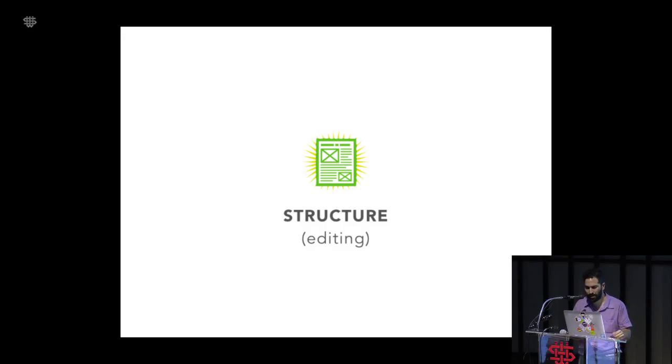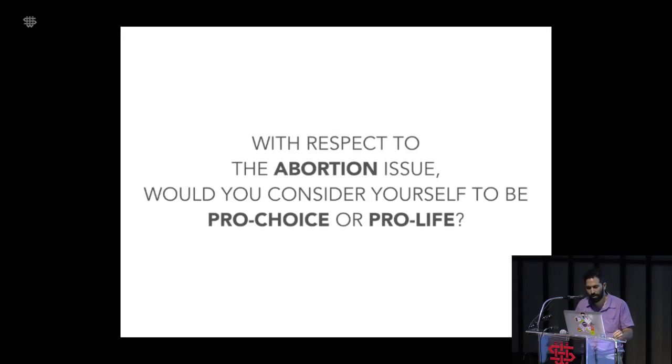So we're still in abortion, and when Gallup tried to poll Americans about this question, they framed the question using this language: with respect to the abortion issue, would you consider yourself to be pro-choice or pro-life? These are the two terms used in the American debate.